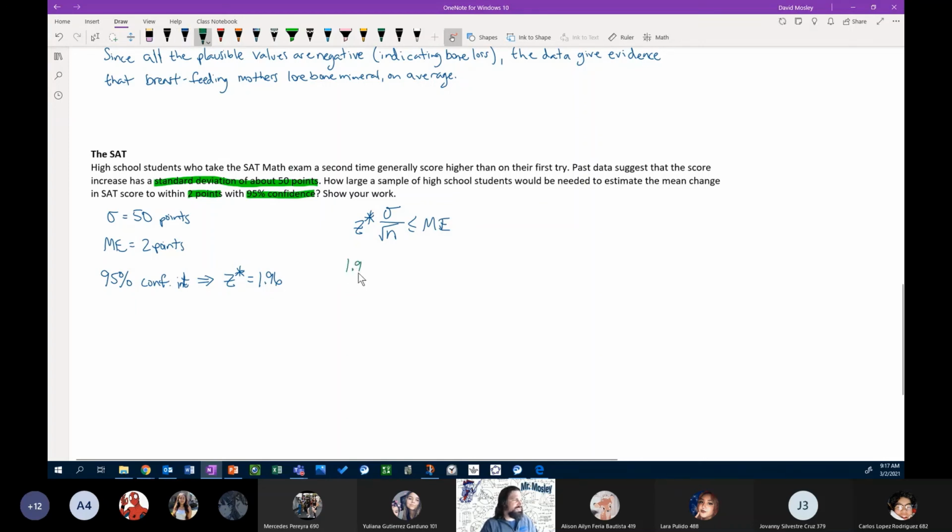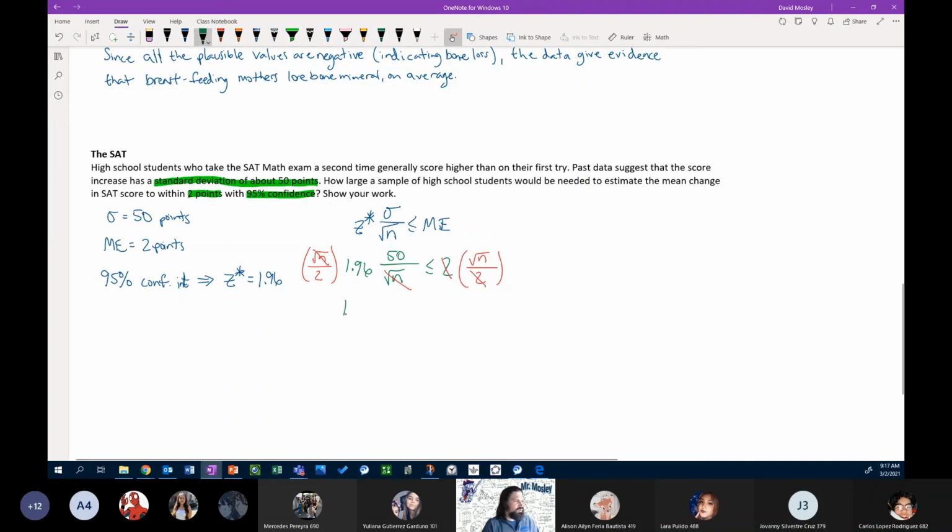We have 1.96, right, times 50 over the square root of n is less than or equal to 2. I'm going to multiply each side by the square root of n and divide each side by 2. Right, and that allows the square root of n to cancel on the left-hand side and the 2's to cancel on the right-hand side.